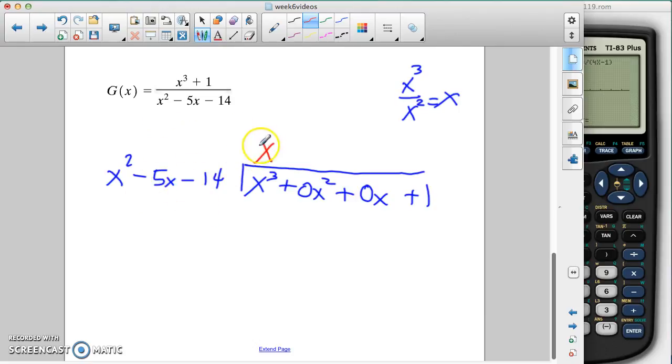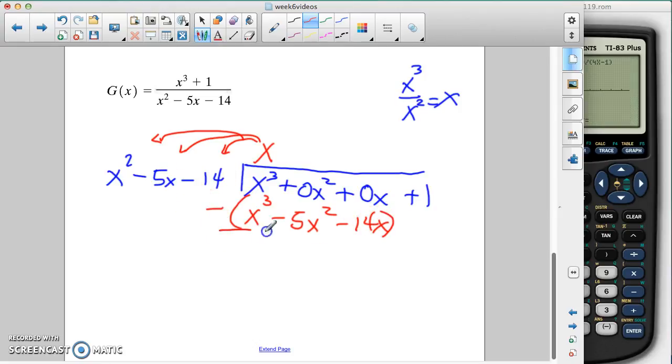So when we do our distributive property here, we got to actually do it 3 times. So we get x cubed for the first term minus 5x squared minus 14x. And we need to subtract all 3 of those terms because there's 3 of them in what we're dividing by. So this goes away, this becomes positive 5, and this becomes positive 14.